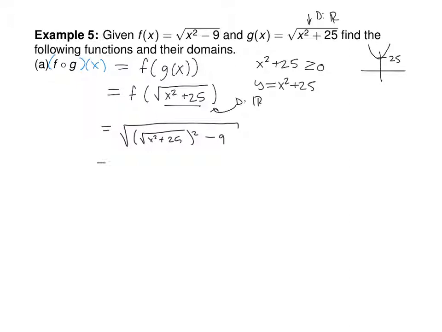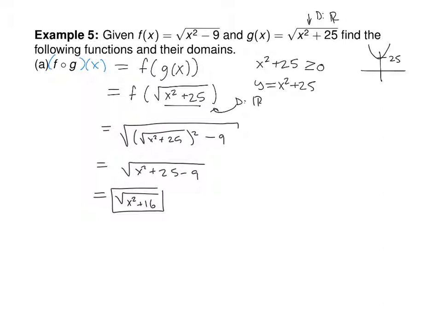Cancels, and we get the square root of x squared plus 25 minus 9, right? Which simplifies to root what? No, 16. x squared plus 16, there we go. Great trick. Take away 10 and then add 1.